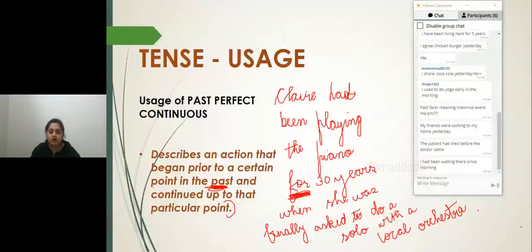So she had been continuously doing this in the past till a particular point, and when she continued to play piano, till the point where she was asked to do a solo with a local orchestra. So yeah, the action continued in the past, right? So this is my example.